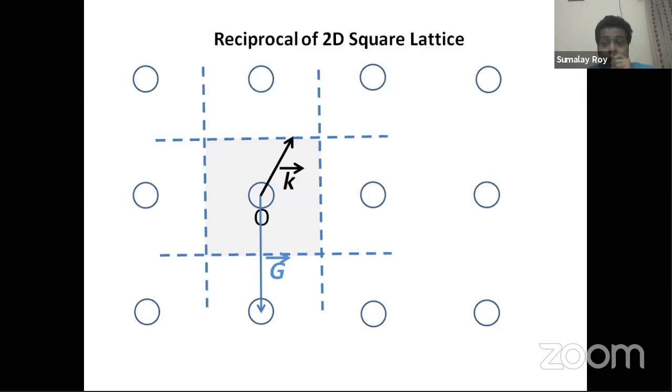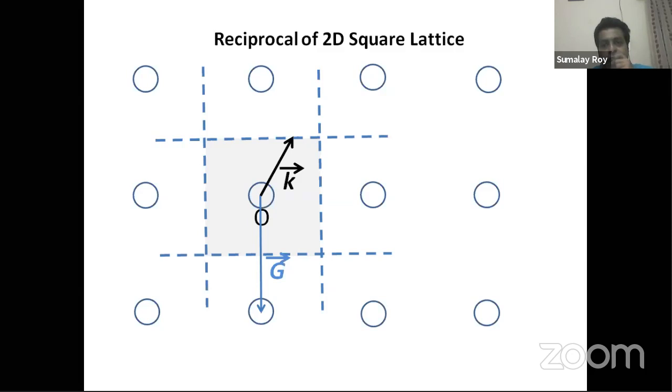Yes, 1 by length, that's true. If it is 1 by length, I can always plot it in a reciprocal lattice, because the reciprocal lattice has the dimension of 1 by length. Whatever vector has a dimension of 1 by L, I can draw it. So that's what I did. Suppose this K is one of such vectors.